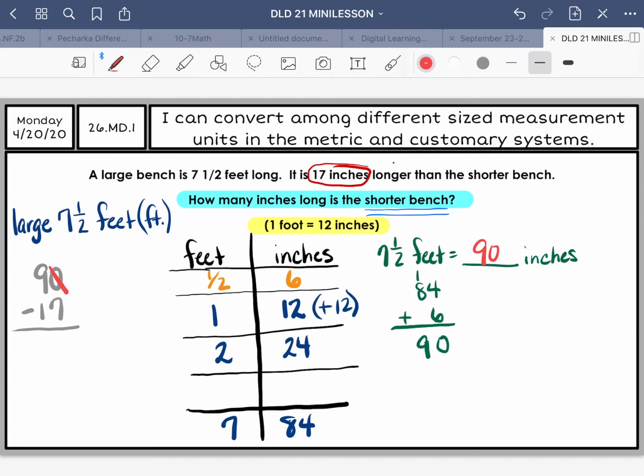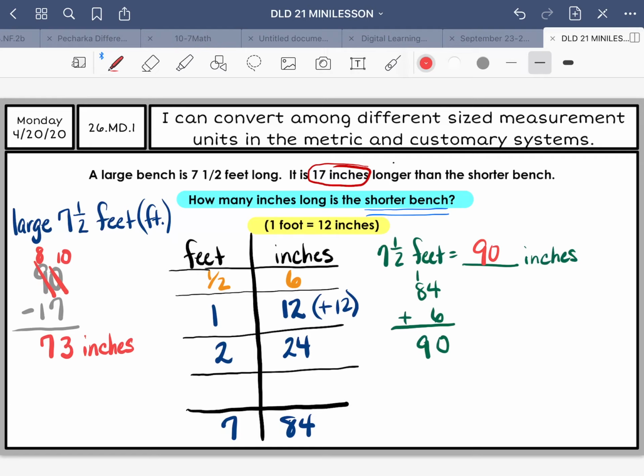Okay, so when I regroup, I'm going to borrow 10 from the 90, and I'm going to add it over here in the ones place. So now I have 10 in the ones place. So 10 take away 7 equals 3. And 8 take away 1 equals 7. 73. Now remember, all of this information is in inches. So I have 73 inches.